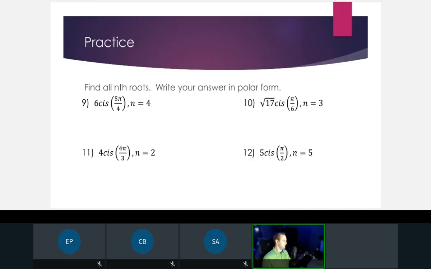All right. So I have 4 examples. I'm probably going to skip some. Let me see what I want to skip. Hang on.